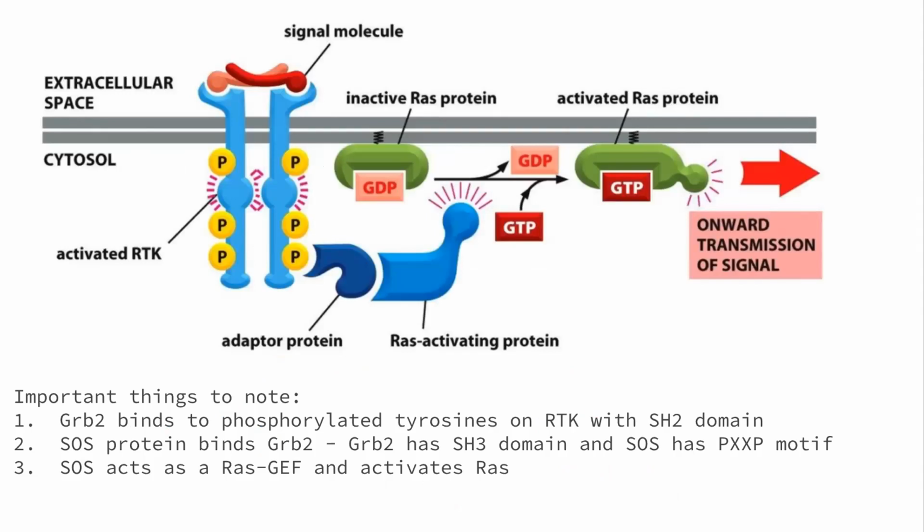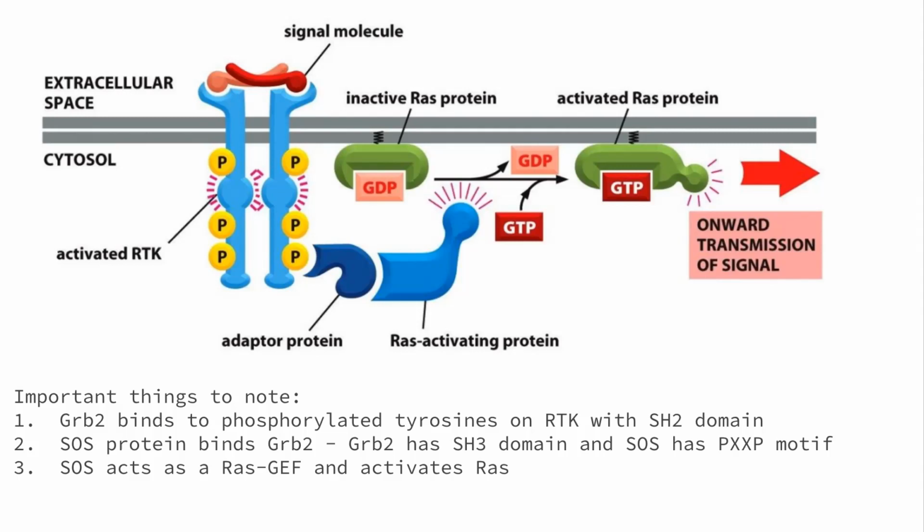Okay, so now we're going to talk about a specific protein that will bind to these tyrosine kinase domains, and that is GRB2, which is also called the adapter protein. This GRB2 that binds the phosphotyrosine domain has an SH2 domain, and an SH2 domain is just the protein domain that binds that binding pocket.